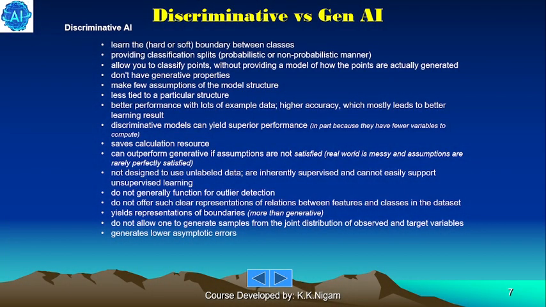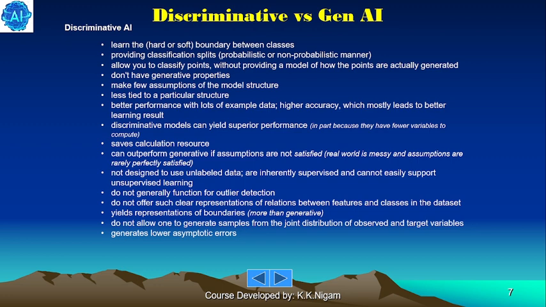And discriminative AI learns the hard or soft boundary between classes, providing classification splits in a probabilistic or non-probabilistic manner. It allows you to classify points without providing a model of how the points are actually generated, doesn't have generative properties, makes few assumptions of the model structure, and is less tied to a particular structure.